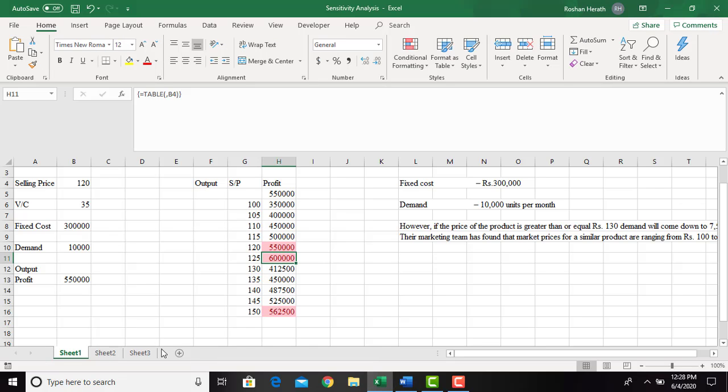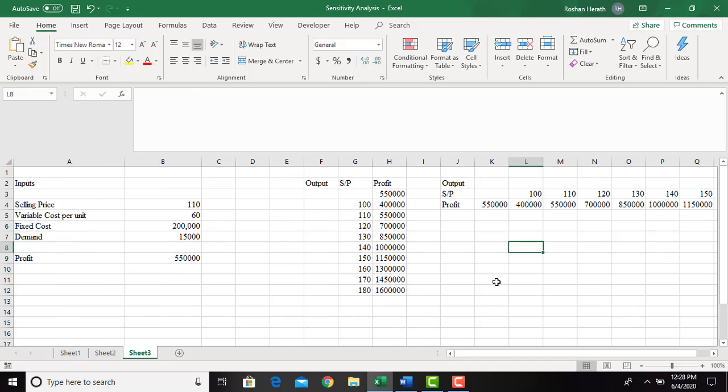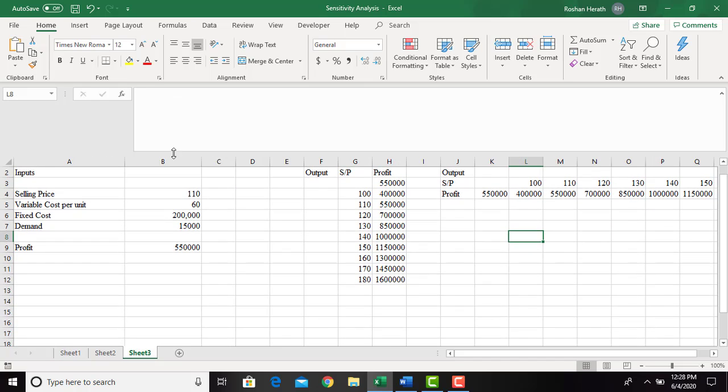Right. If I go back to the example, in the initial example I have taken the selling price to be 110, the variable cost to be 60, fixed cost to be 200, demand 15,000 units and the profit to be 550,000. That's how we have developed the model. So by now we have developed the model.